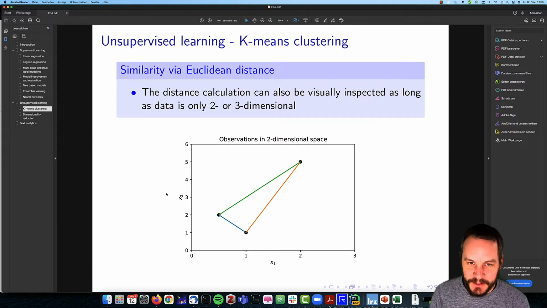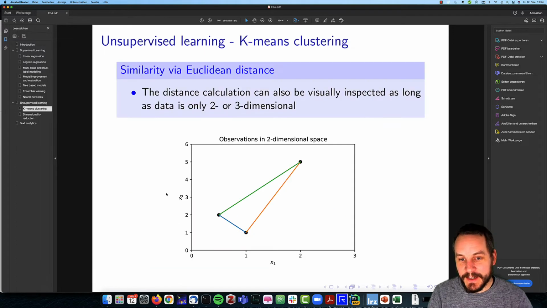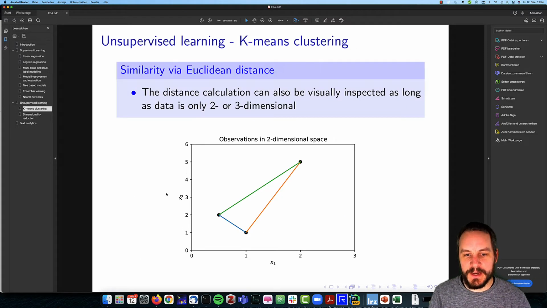What the k-means clustering algorithm does is, if we have a certain amount of data points in our data set, so a certain amount of samples, in this case 3, but obviously in reality it would be more, it starts with a number of clusters that we define as a user. So assume for the moment we want to cluster those 3 data points into 2 clusters.